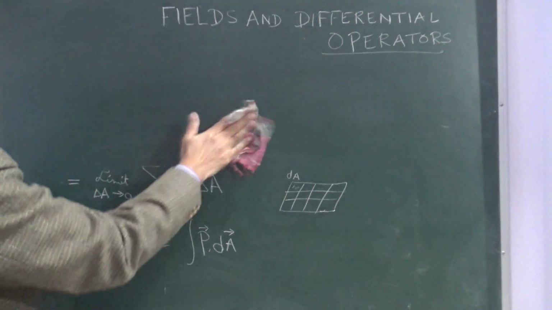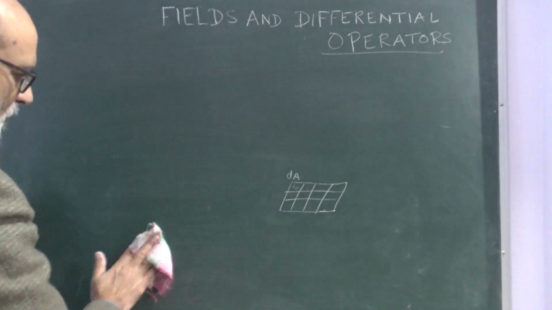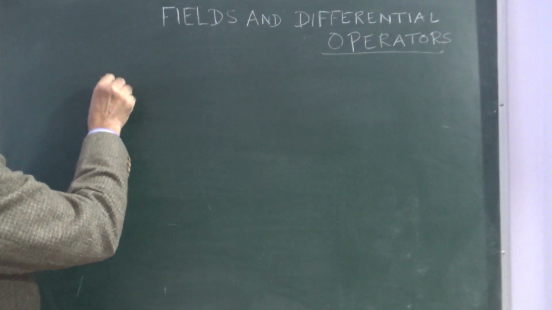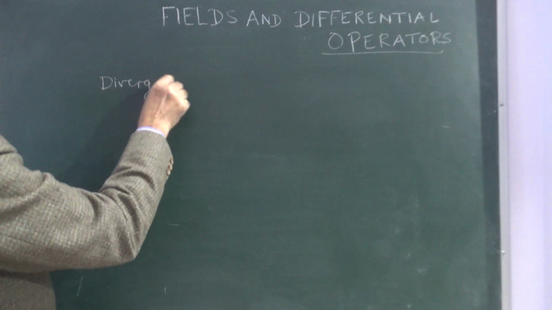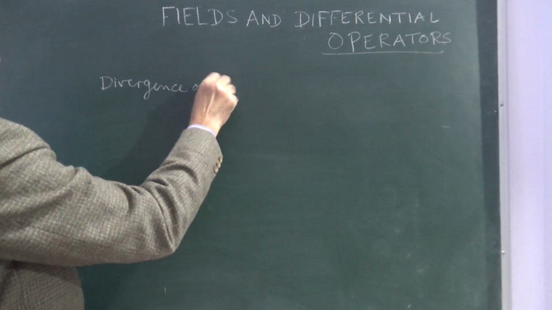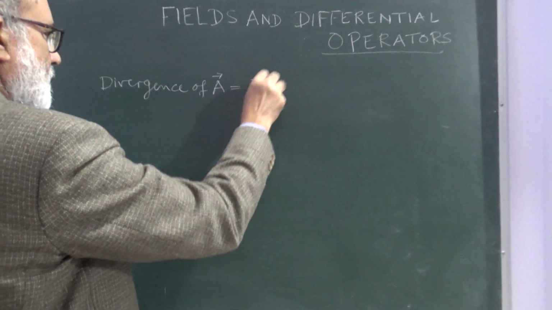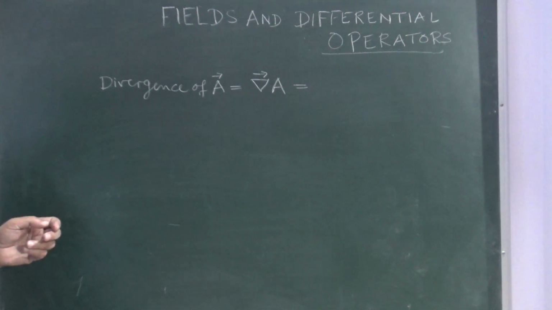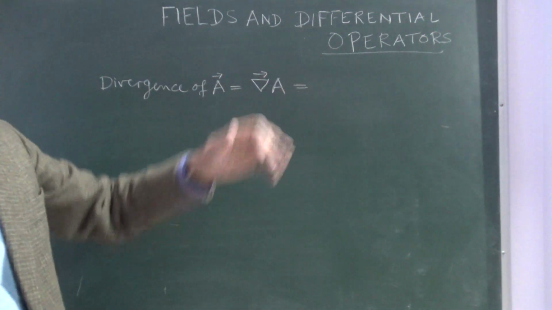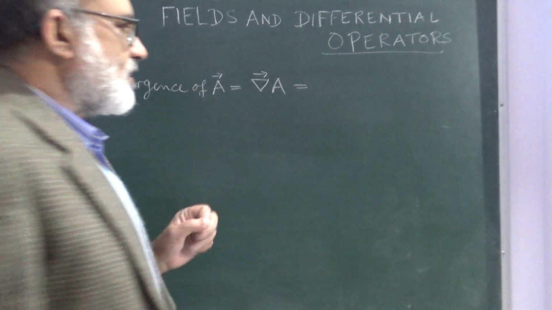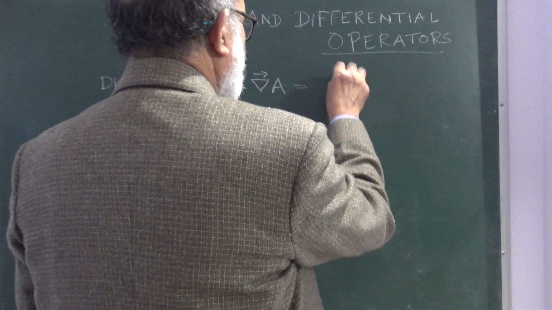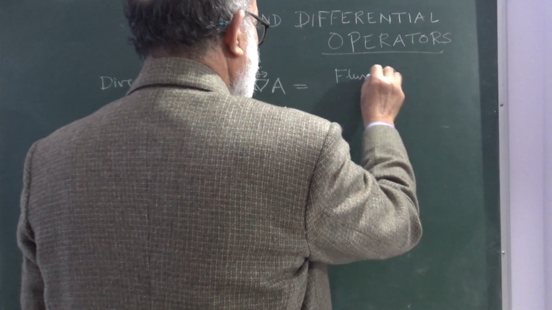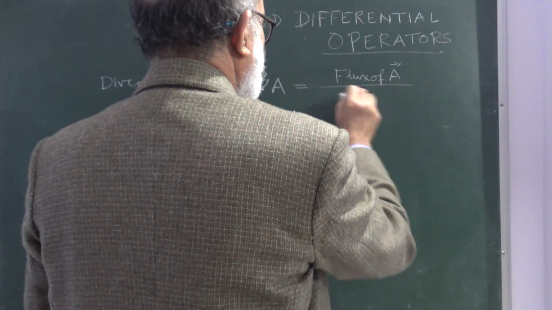When we have understood what is flux, the divergence of A, which is a scalar quantity, a scalar field, actually means the flux of A per unit volume.